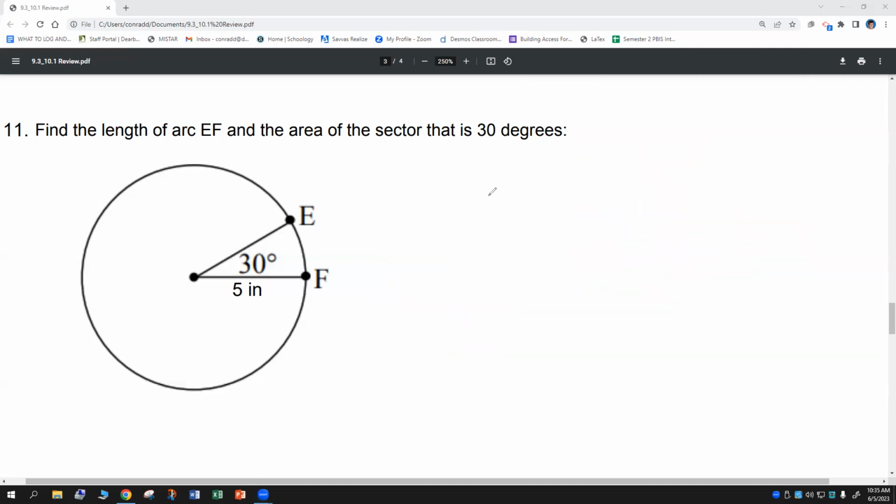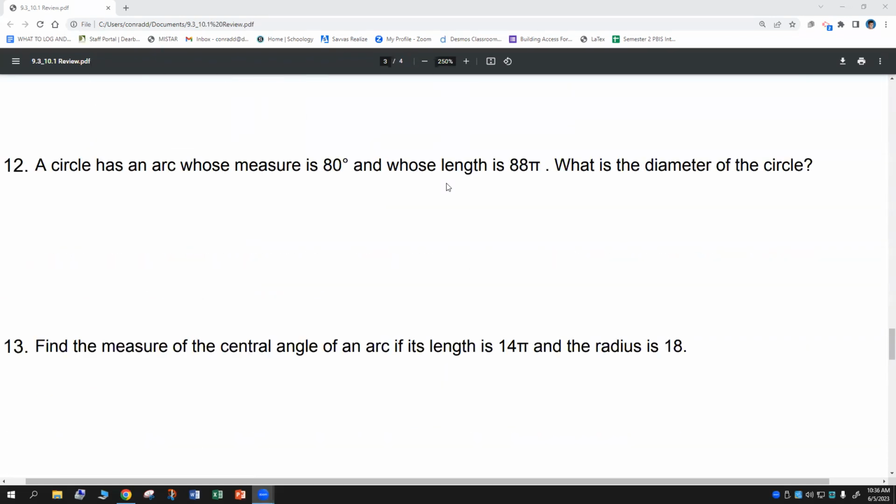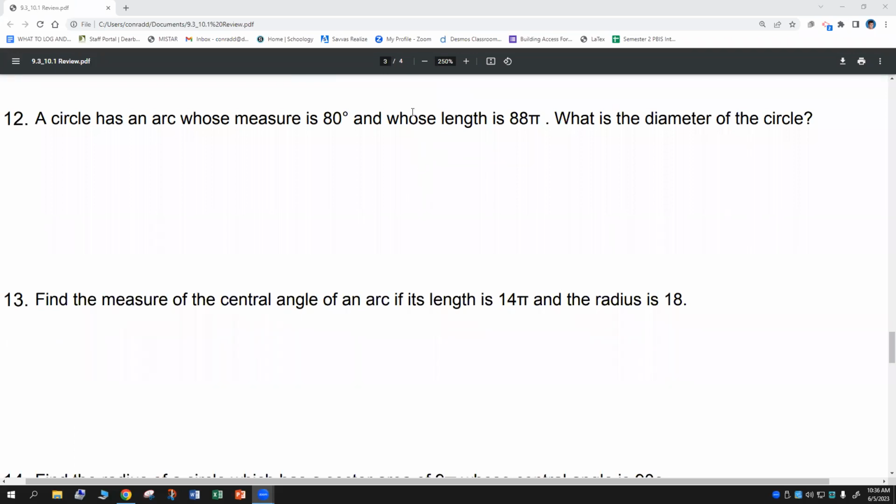All right, wonderful. Okay, number 12. A circle has an arc whose measure is 80 degrees and whose length is 88 pi. What is the diameter of the circle? So I know I need to use arc length here because they're giving me the arc length. So L equals x over 360 times 2 pi r.